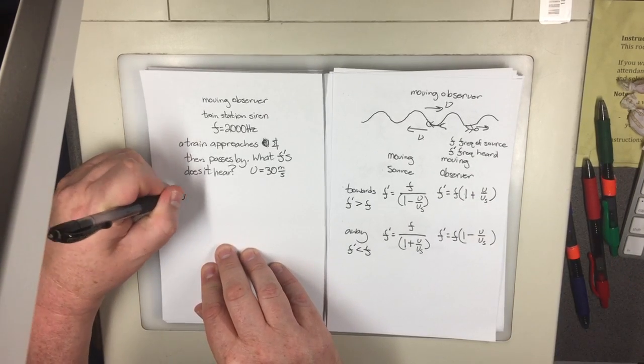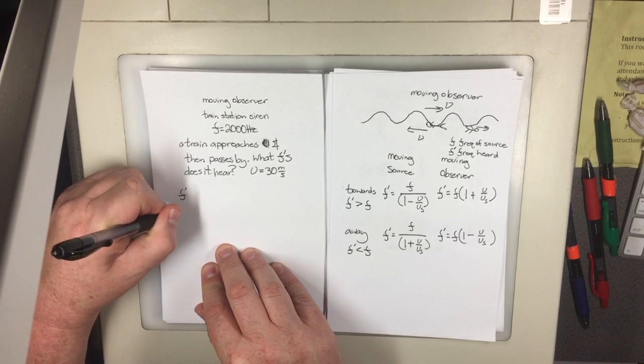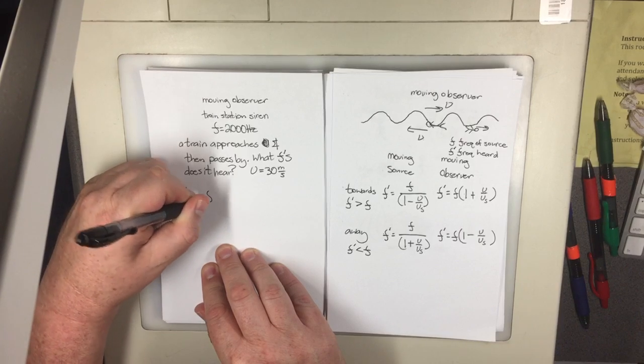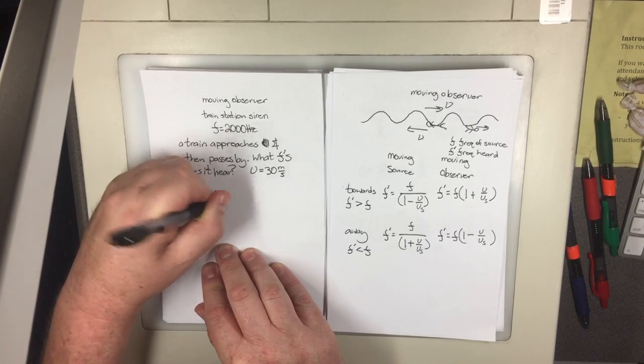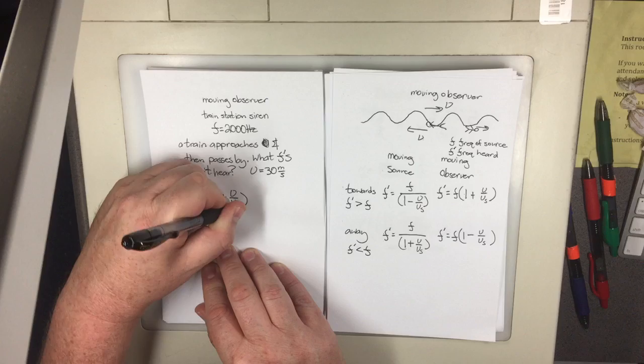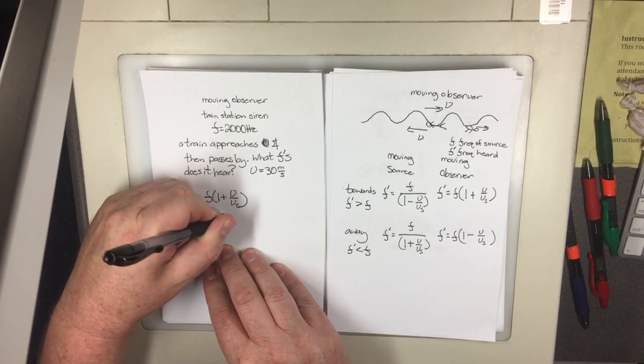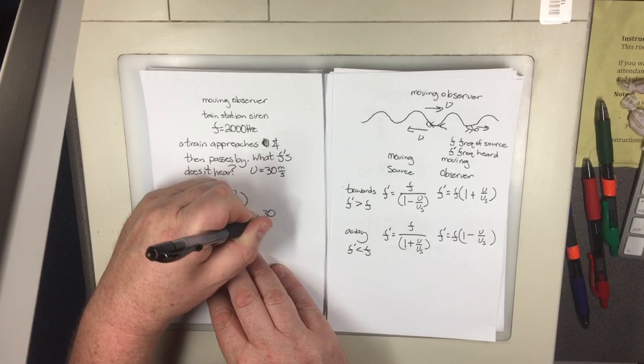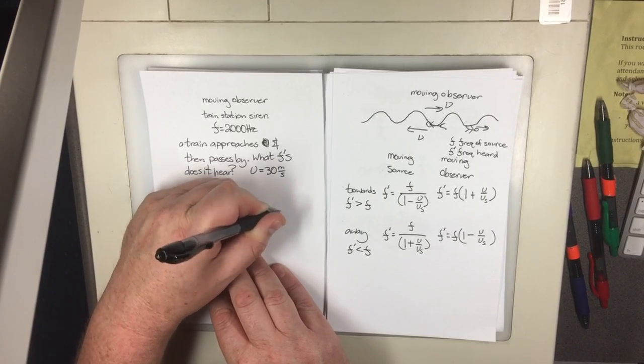The F prime, as it's moving towards, is equal to F(1 plus V over Vs). So that's 2,000 times (1 plus 30 over 350).